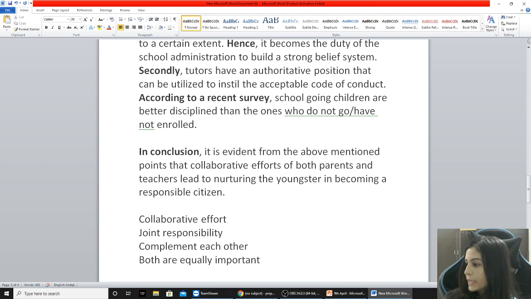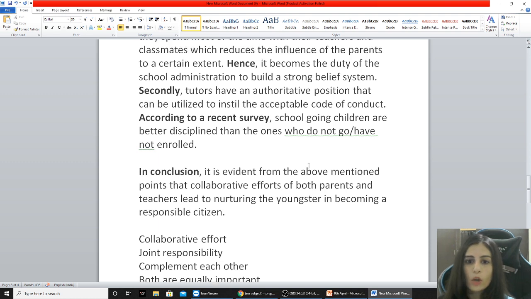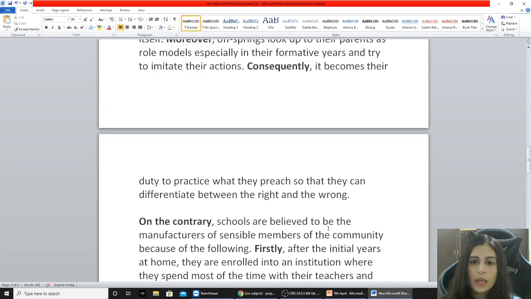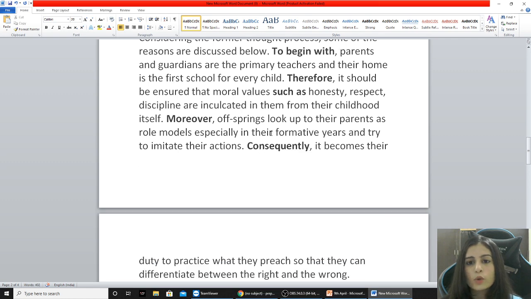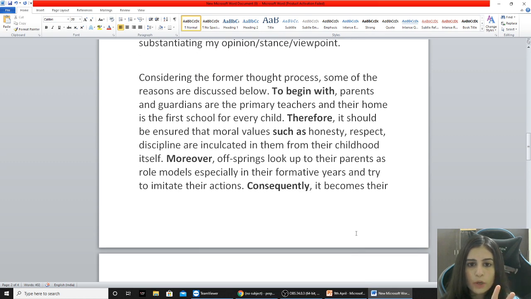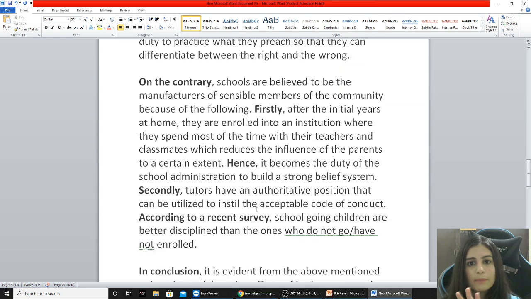If you are writing in favor of schools, then the only change would be, if you're writing the 80-20 approach, since you were asking, then you write 2 points in your first body paragraph and 3 points in your second body paragraph, because you're favoring schools more. Okay, when you're writing, you add more value to schools as compared to parents. So that's the only change you have to make in terms of the 80-20 approach.